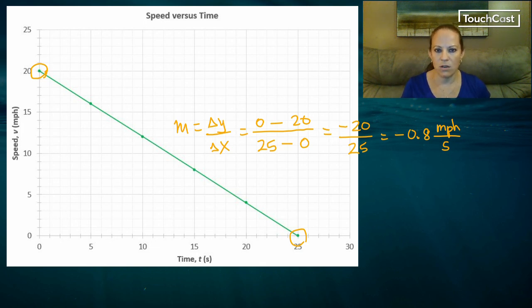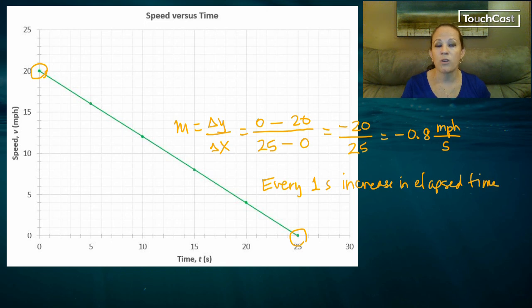So let's note this here, that every 1 second increase in elapsed time produces a decrease of 0.8 miles per hour in the speed of the car.